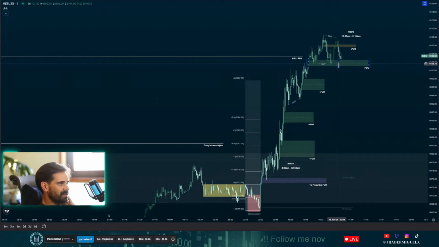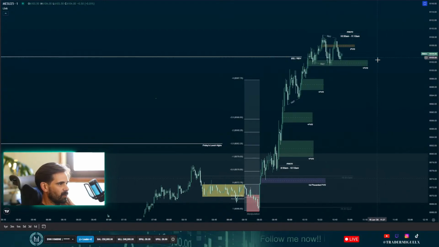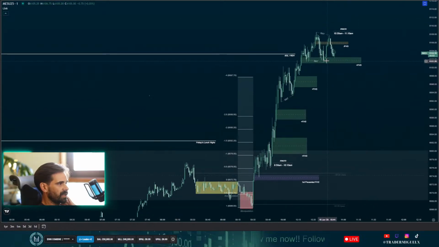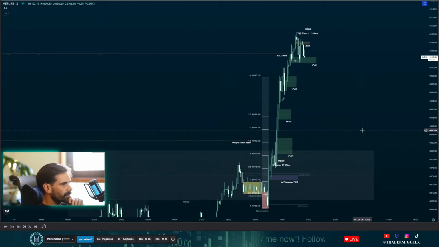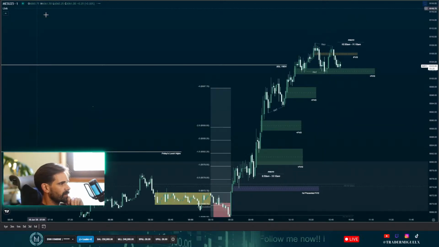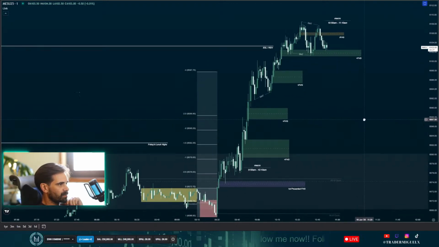Because at this point, this can stay here for quite a while, and eventually you can continue higher, but it is acceptable for price to just start to retrace and seek more liquidity. Just watching here different time frames to see how they are presenting themselves.